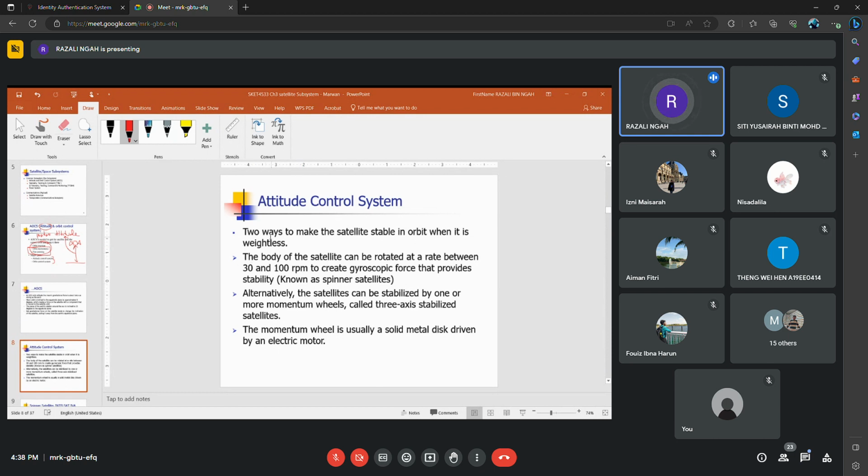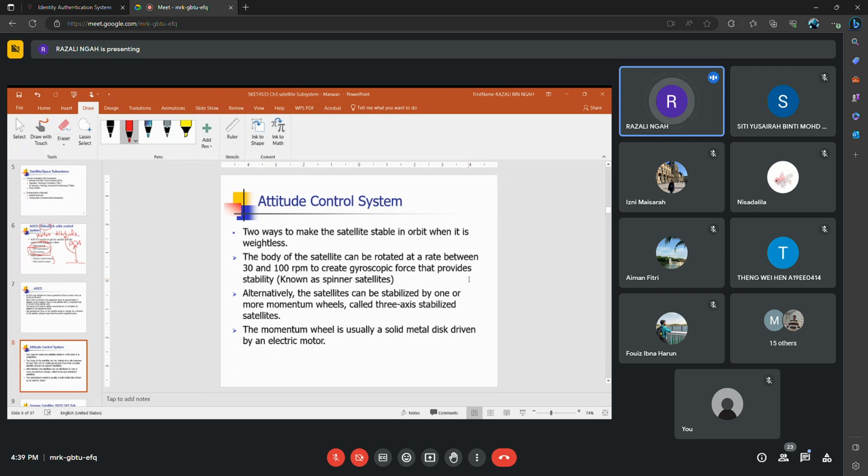For this condition, in order to make the satellite stable, the body of the satellite needs to be rotated. I think on Facebook and YouTube, you can see an experiment where they tie a bicycle tire or wheel with a rope.